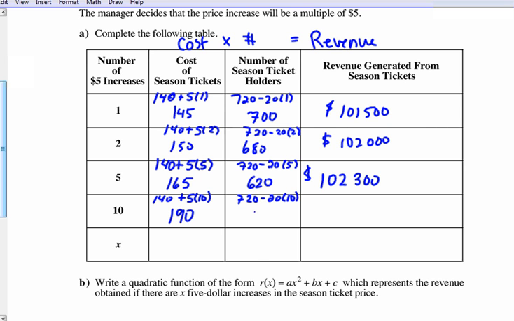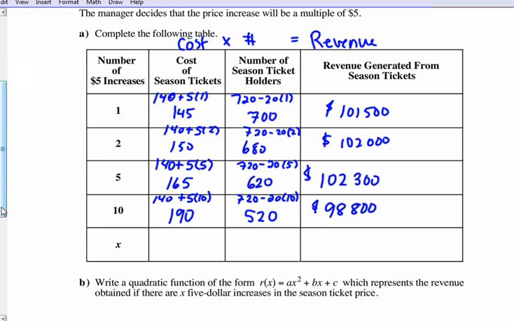So that gives us 520. Times 190 is 98,800. So we know the maximum is somewhere between 5 and 10, right? Because we were increasing, now we're back down.